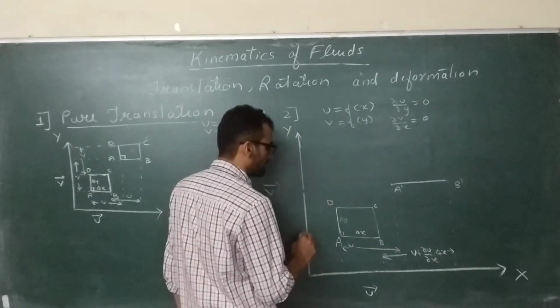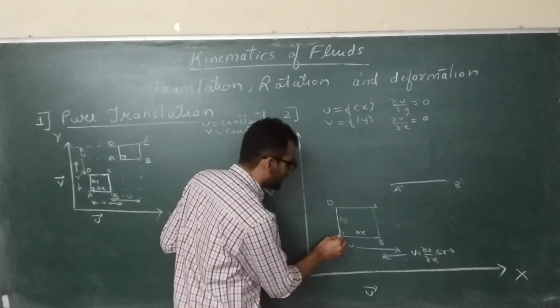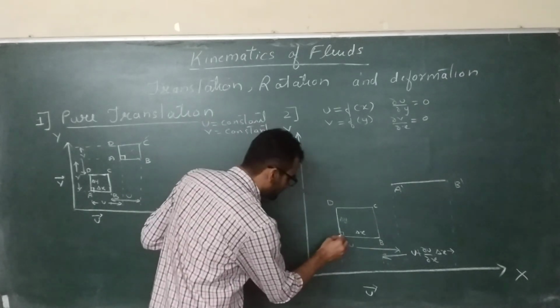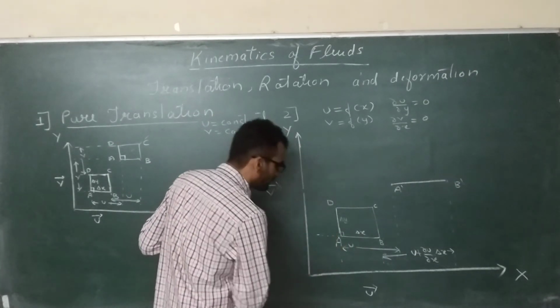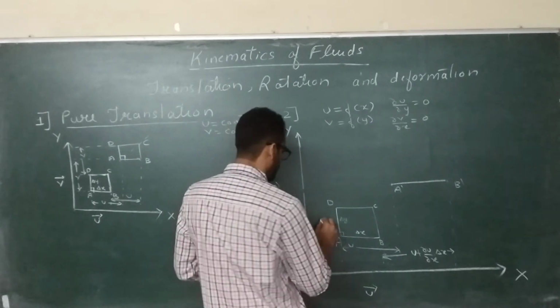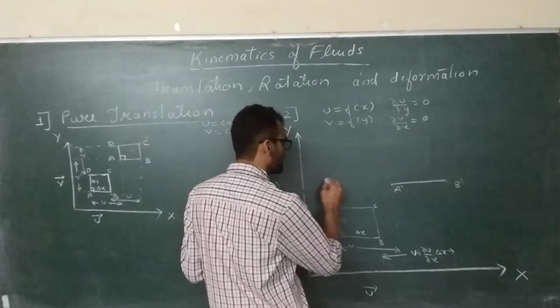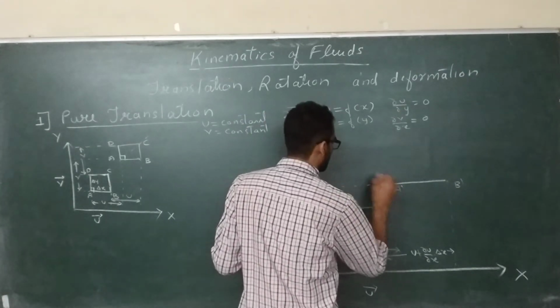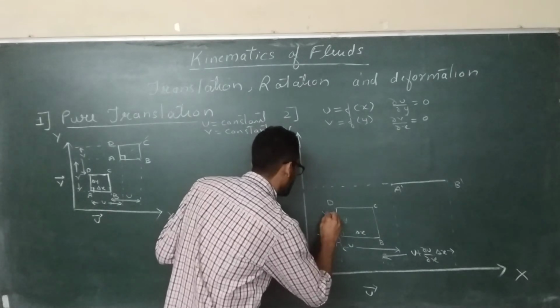Now the same case takes place with this segment AD. Think about AD. Let's say A has vertical velocity v. So how much distance will it travel?